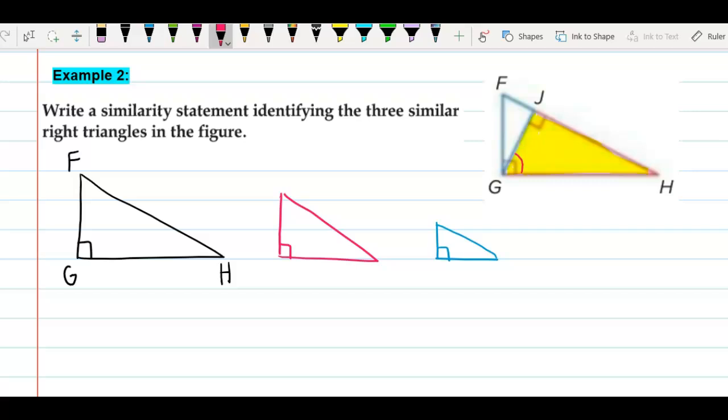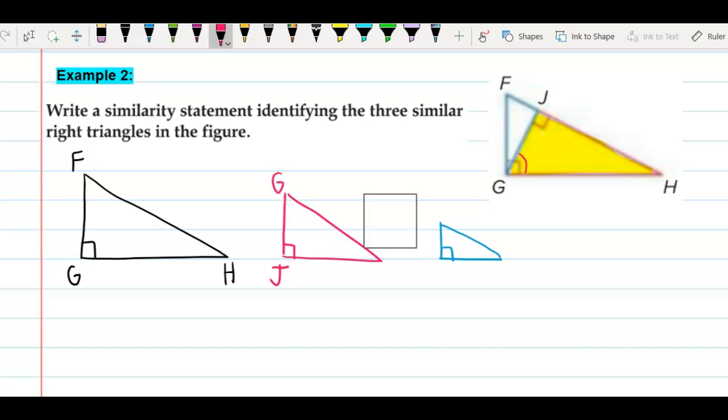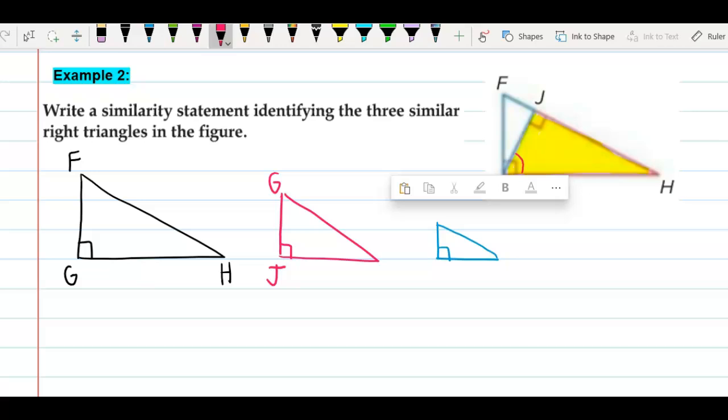So this time it switches, and J is actually our right angle. Then I want you to think, from J to G, is that shorter than J to H? Or is J to H shorter than J to G? And hopefully you can tell this one's a nice, easily drawn one. J to G is definitely the shorter side. So at the top where my shorter side is, I'm going to put G, which leaves me with H for my last one.